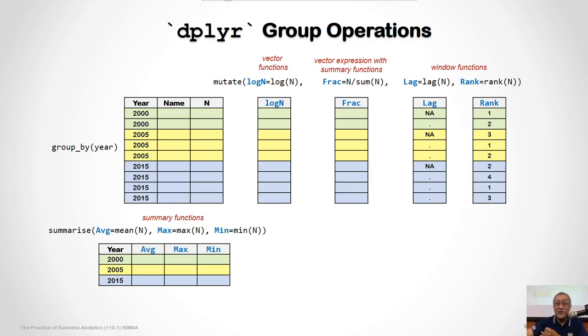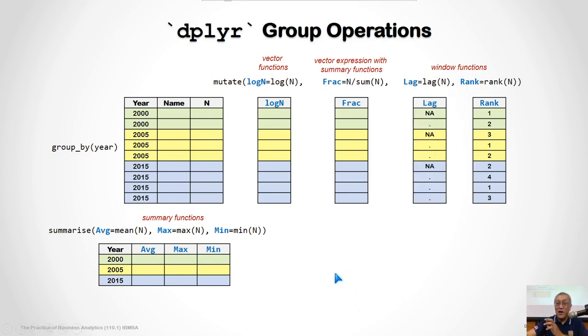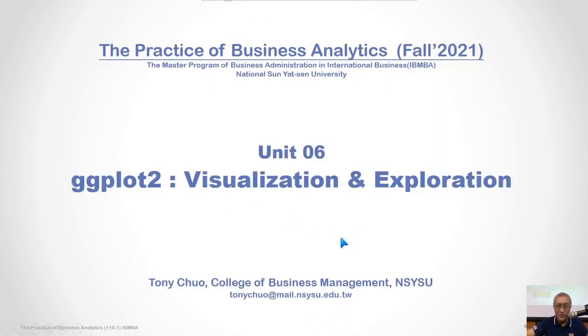There's a window function called lag, which means that you shift the vector by one position. So if I lag the n and then subtract it from n, well, this is not a good example. I should do it like this.